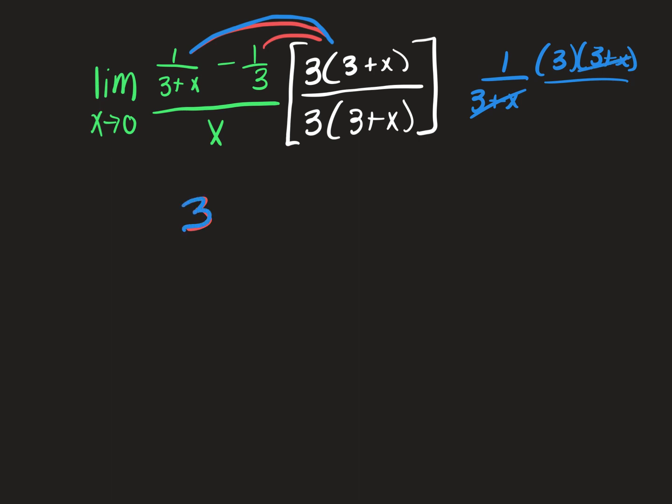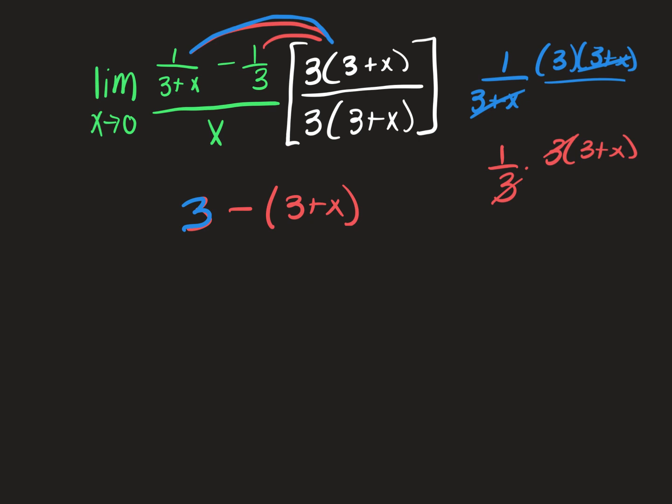Let me write this. Put it in blue so it matches. So now we're doing 1 over 3 times, so my 3's cancel. So I get minus 3 plus x.